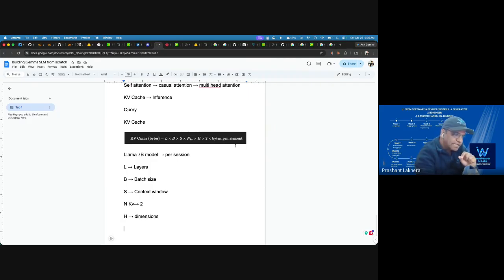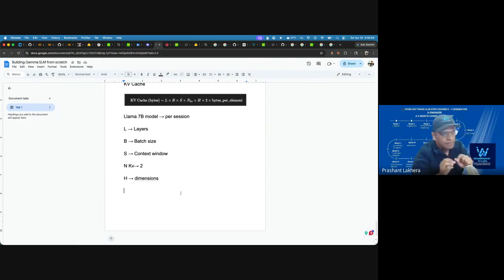Then there's something called bytes per element. This defines the data type we are using to train our model. Let's say it's 32-bit. We all know that 1 byte equals 8 bits. In that case, this is going to be 4, so 32 divided by 8 is equal to 4.